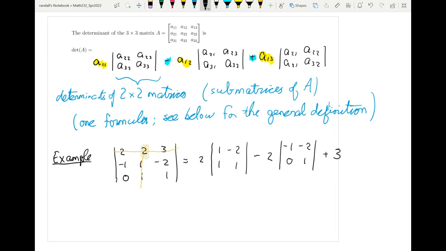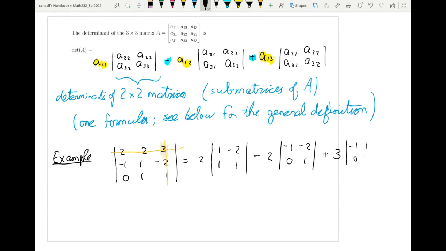So let's move on. So now I'm looking at that third entry, and I'll just highlight it here. Okay, there it is. So I'm looking at this entry now, and so in my mind's eye, I remove the row it's in and the column it's in, and that reveals the 2 by 2 matrix that I write here, whose determinant I will need to compute.